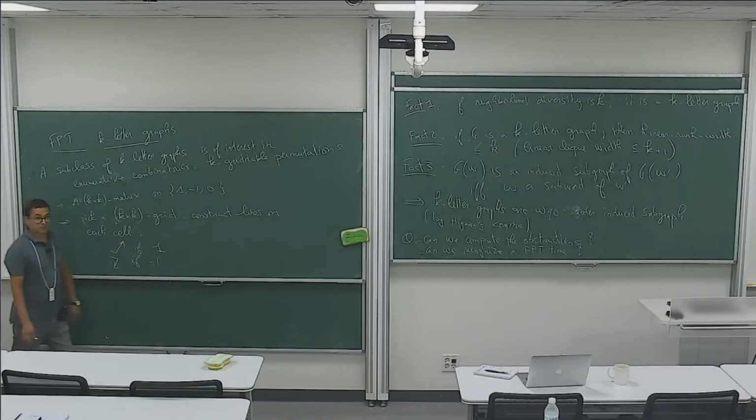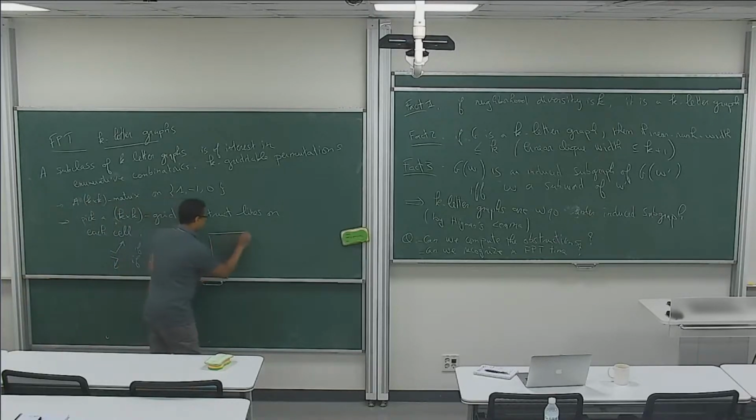So for instance, take the 2 by 2 grid, with entries -1, 1, -1, and 1.